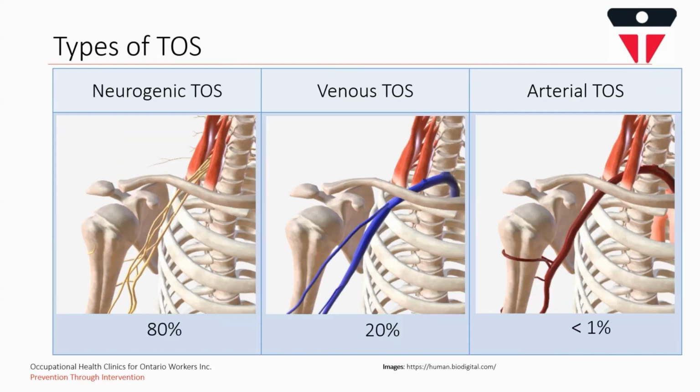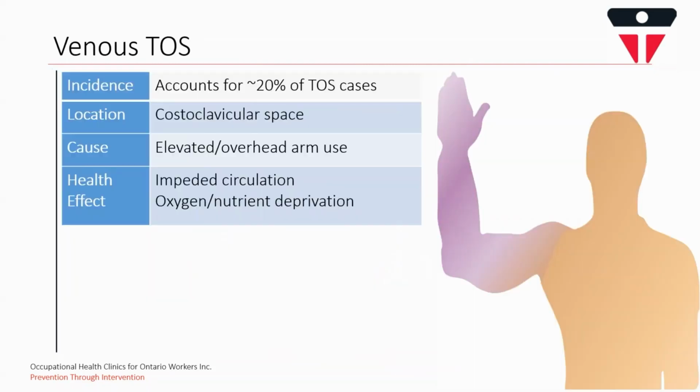Now, there's three types of thoracic outlet syndrome. Neurogenic, which is the one we tend to hear most of, accounts for 80%, venous accounts for 20%, and arterial accounts for less than 1%. Venous thoracic outlet syndrome occurs within the costoclavicular space, and the most common cause is elevated and overhead arm use.